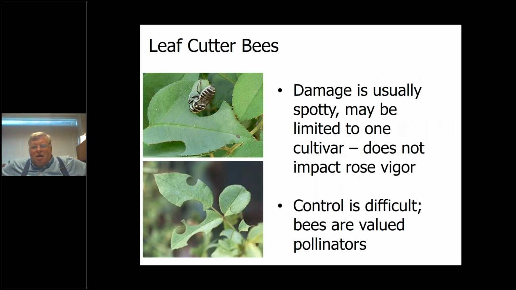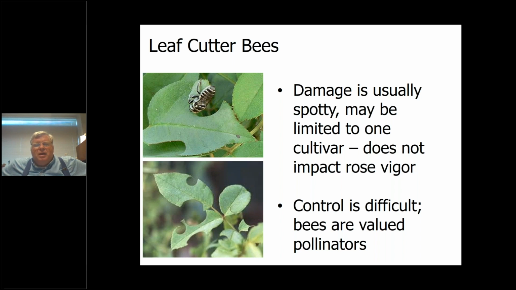Leafcutter bees. I get contacted about these from time to time. They seem to like one bush in a garden or just one cultivar. That can change from one year to the next. These are important pollinators, so we don't want to kill or spray them.